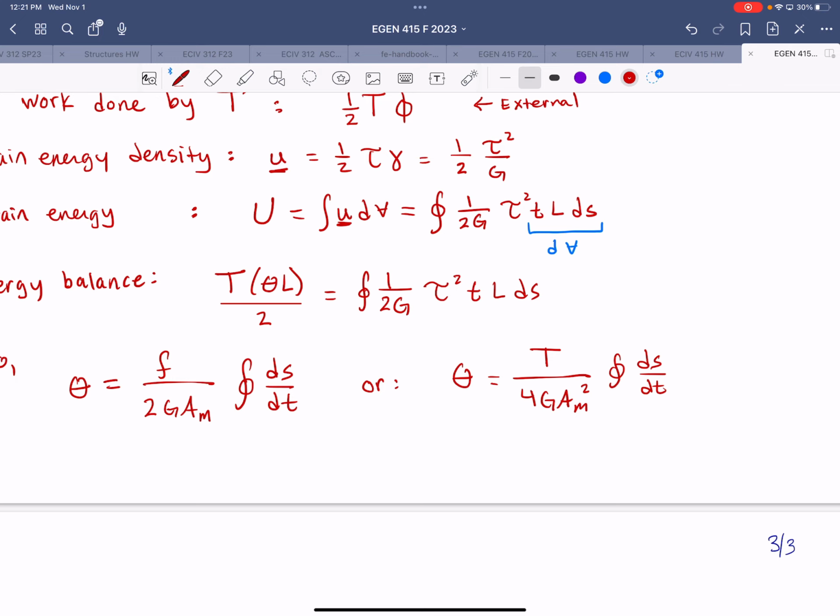Now that integral over the closed loop, of course, is taken around the center line of the circumference, and that would simplify significantly if the thickness is constant. I'll just note that here.